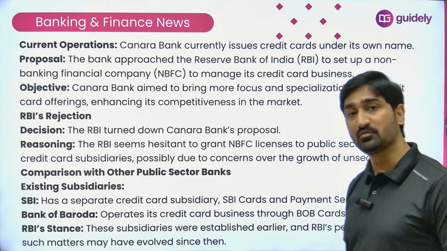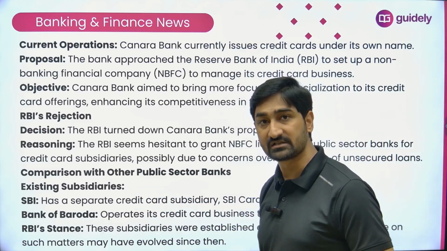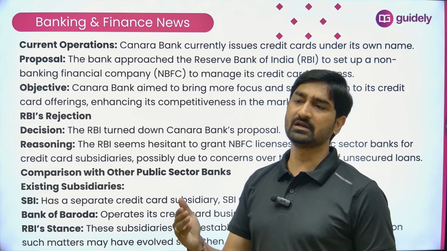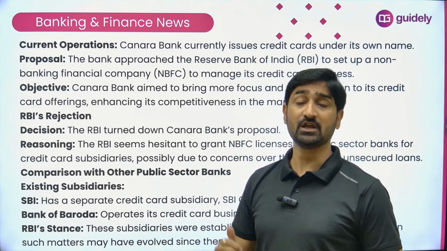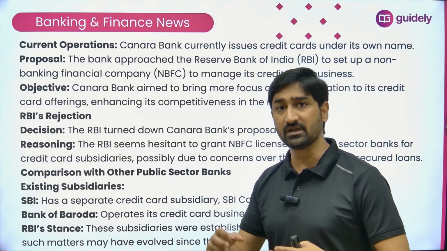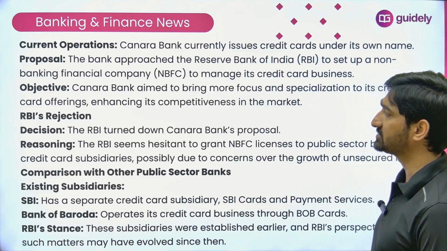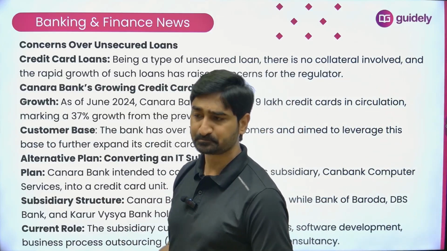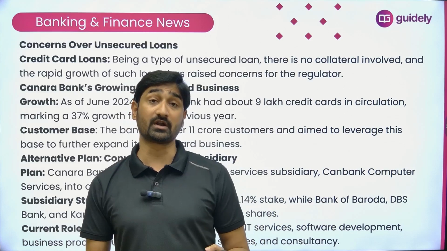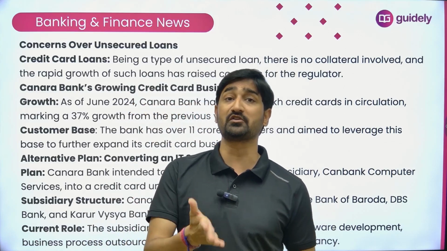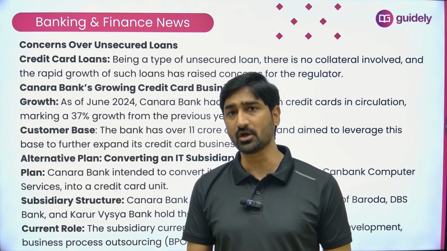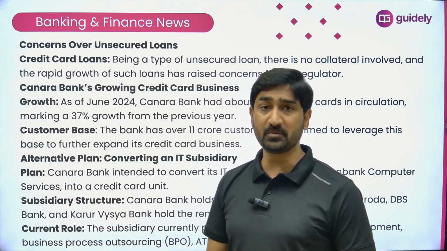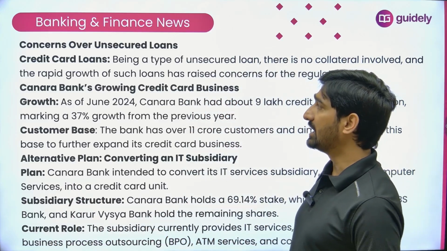So these are the companies run by these two public sector banks, but RBI said no to Canara Bank because RBI thinks it may increase the NPA of the public sector banks again if all the public sector banks start moving into the credit card business by running their subsidiaries. And because credit card is a type of non-collateral loan, a short-term unsecured loan without any collateral, which has a high probability of NPA in the market. So that is why RBI said no.